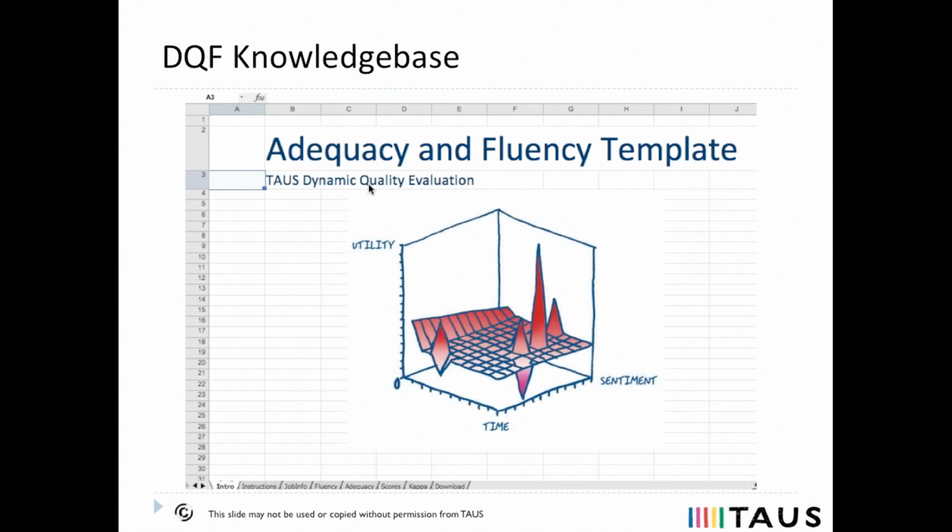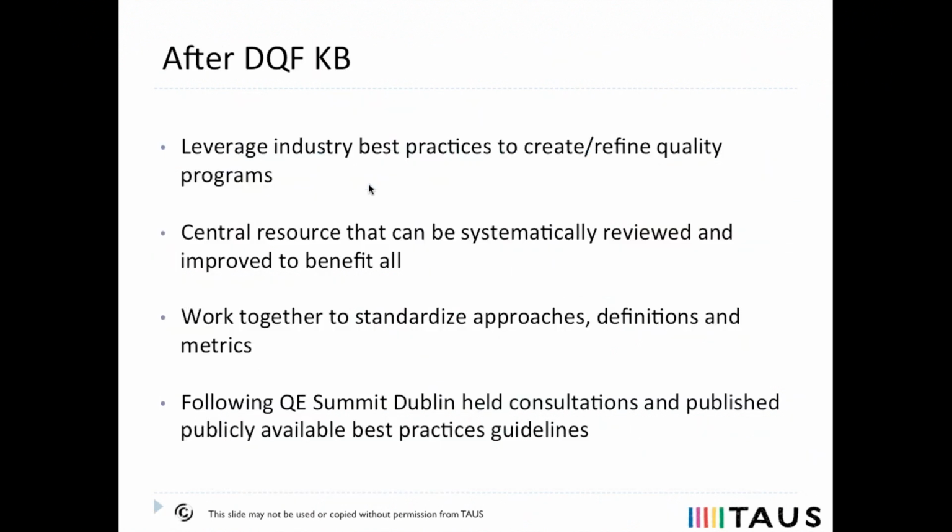You can download and just go and use them. So very much the idea here is, again, a central resource, an industry resource, which is continuously improved for defining best practices, again, lending credibility to your decisions, and being improved over time.